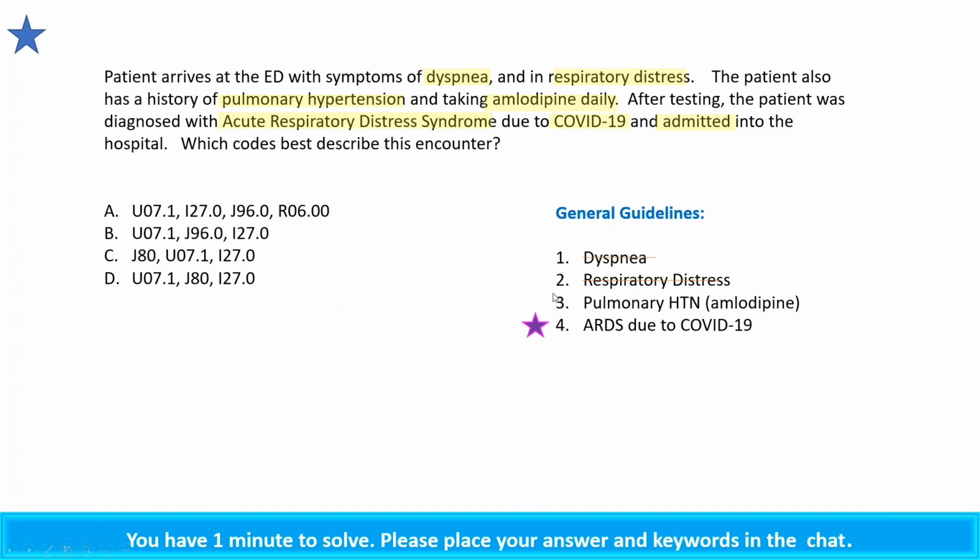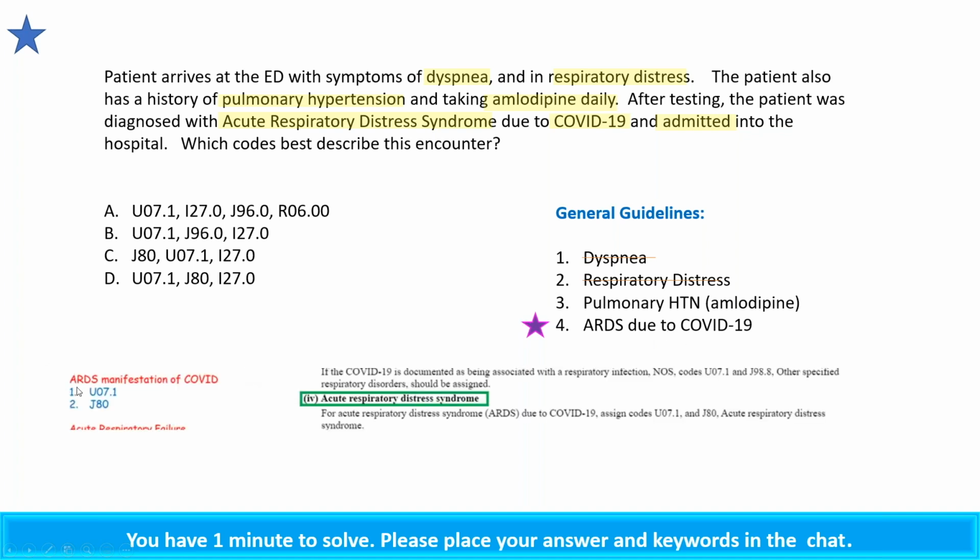So I'm going to look to see if there's a guideline pertinent to ARDS due to COVID-19. And guess what? There is: ARDS, manifestation of COVID. It tells us that we're going to sequence U07.1 first, followed by J80. Can we eliminate anything?